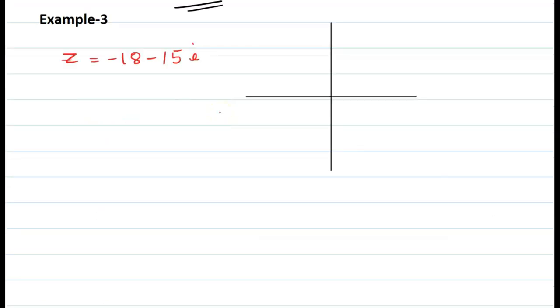Let's go for another example. This is our other example, minus 8 minus 15. This is our real part, this is our imaginary part. Minus 8 will be this side and minus 15 will be down. Suppose this is the point. The angle made with the x-axis, the acute angle, is theta.